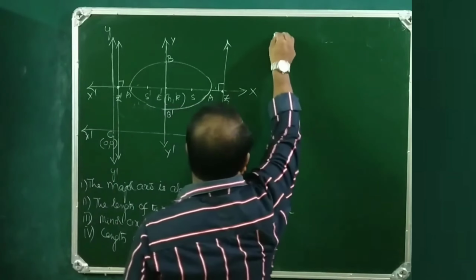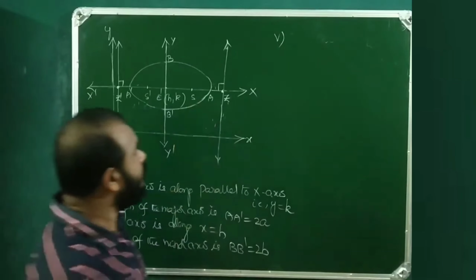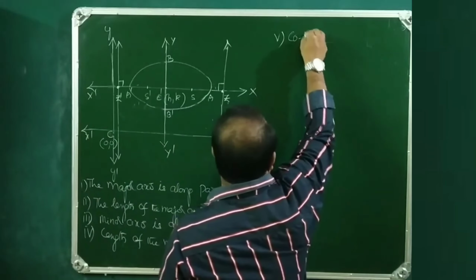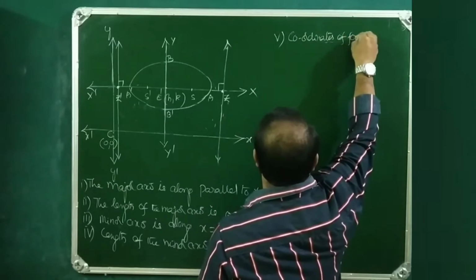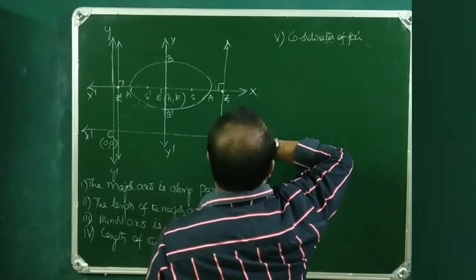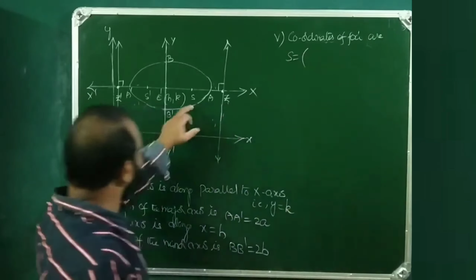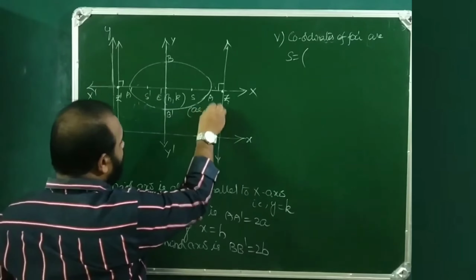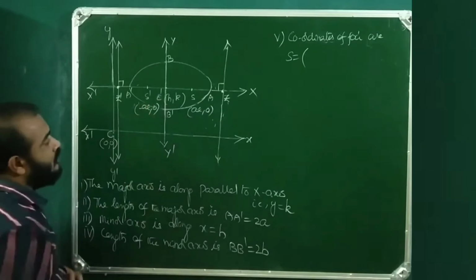Now, coordinates of foci. So coordinates of foci are, earlier S is this, AE comma 0, this is minus AE comma 0.